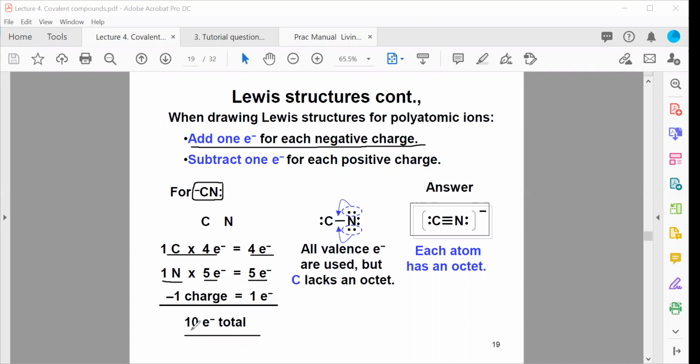We've used up those 10 electrons in total. But remember, there is a charge because of the presence of this additional electron, and that's denoted as such. So this explains why cyanide has a negative charge, because that 1 extra electron is critical in order for this molecule to actually form.